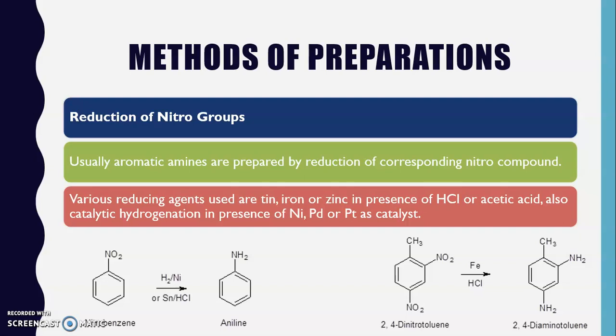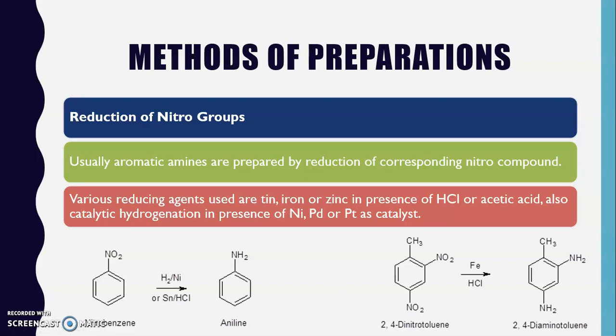Now in this example, as you see, two nitro groups are present. Now suppose our target is to carry out the reduction of only one nitro group, either of these two. Can it be done?